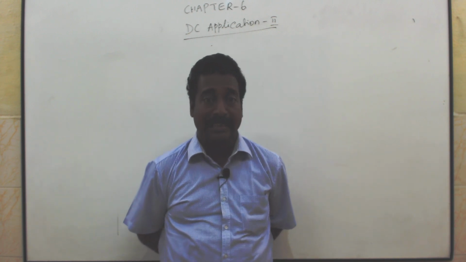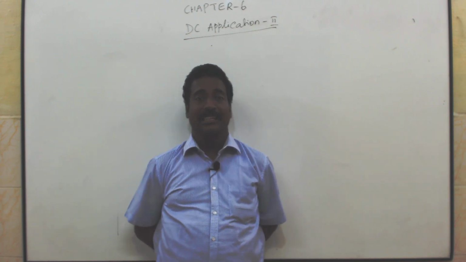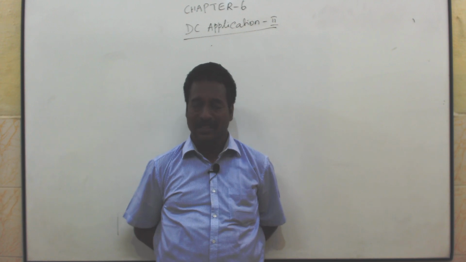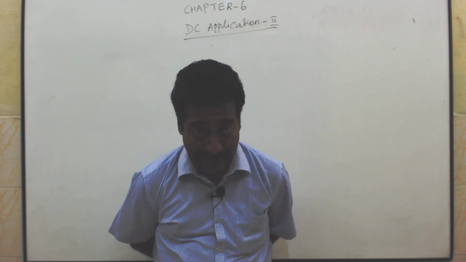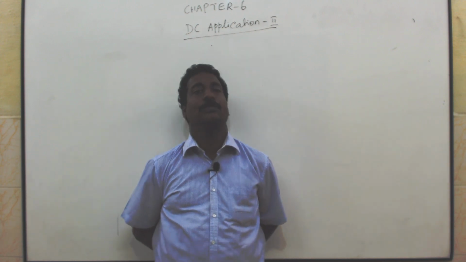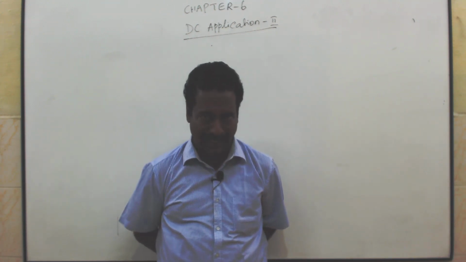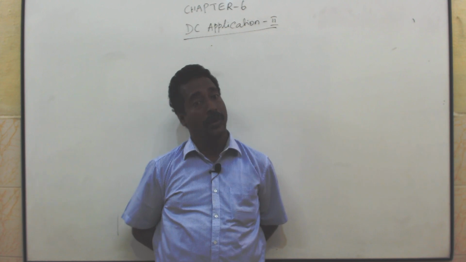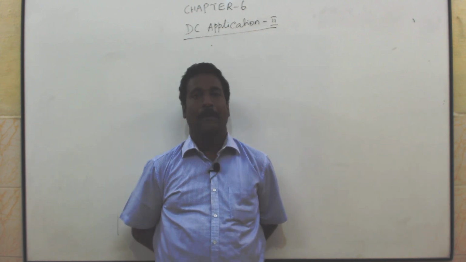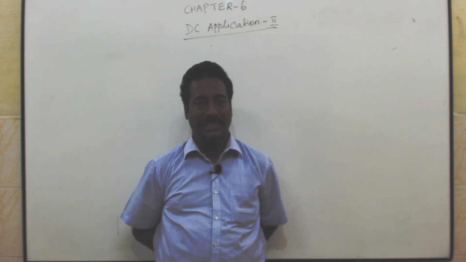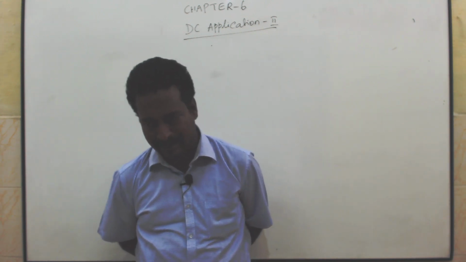Dy by dt, sin t differentiation is cos t. Dz by dt, differentiation of t is 1. Then using the formula, dw by dt is equal to dou w by dou x into dx by dt plus dou w by dou y into dy by dt plus dou w by dou z into dz by dt. Substitute and simplify, we get this result.